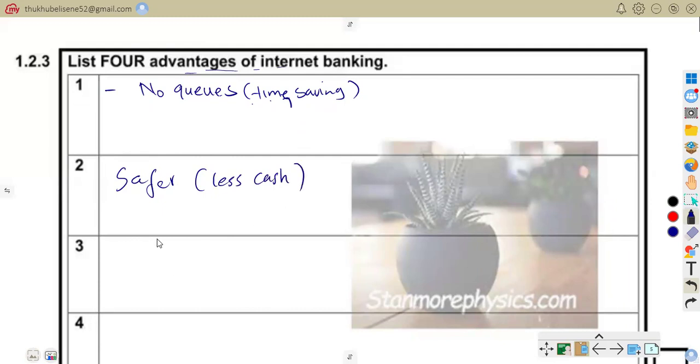Here you know very well we're talking about immediate payments, and then we have convenient. So that is that.